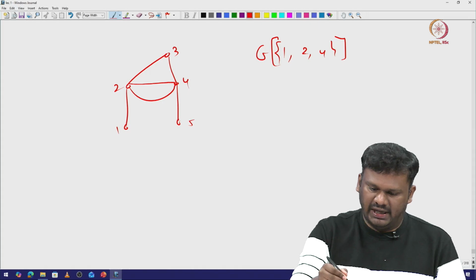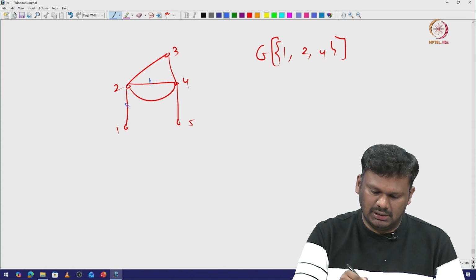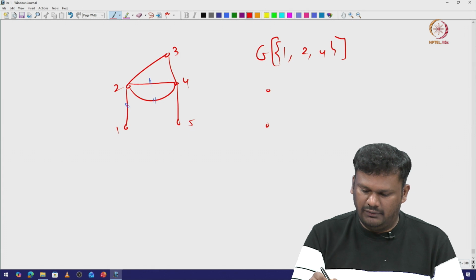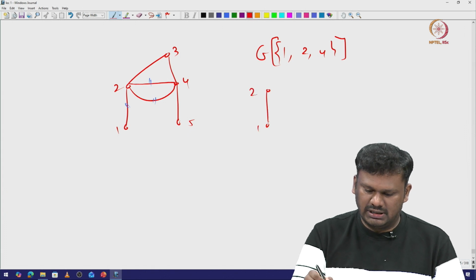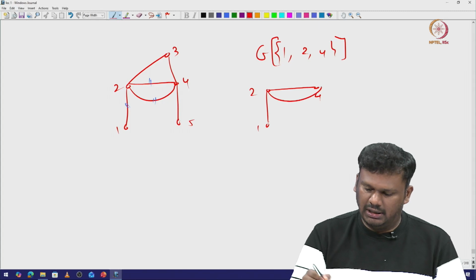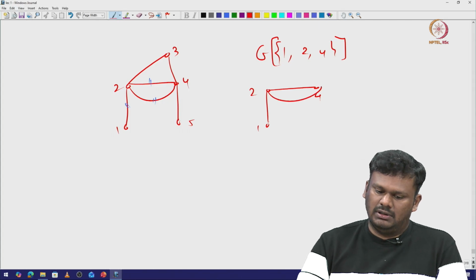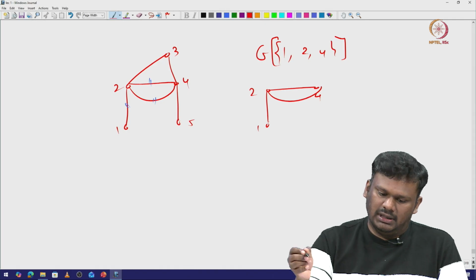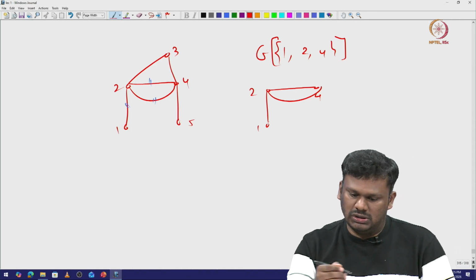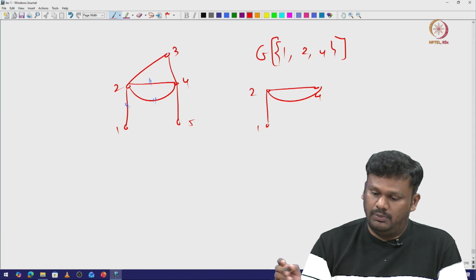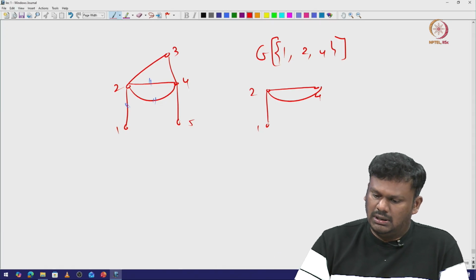So, it should have this, this and this. It should look something like this: you have the edge 1, 2, and then 1, 4, and then another 2, 4 is also there. So, this is the induced subgraph. You do not take everything that goes out of 2, you just simply take those edges which have both endpoints coming from this subset V dash.